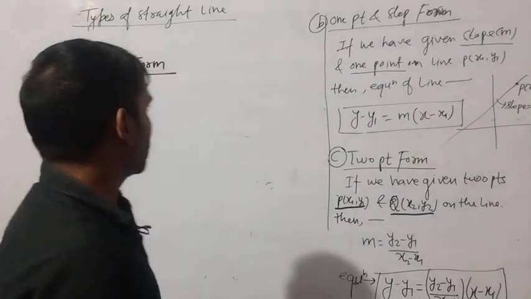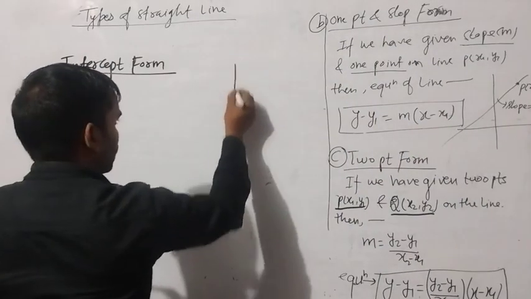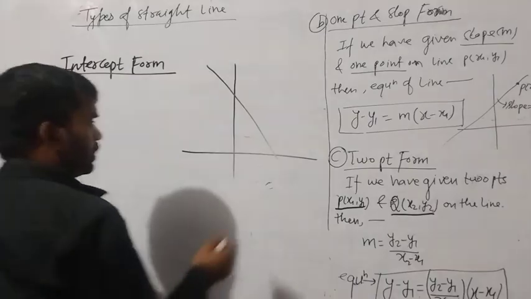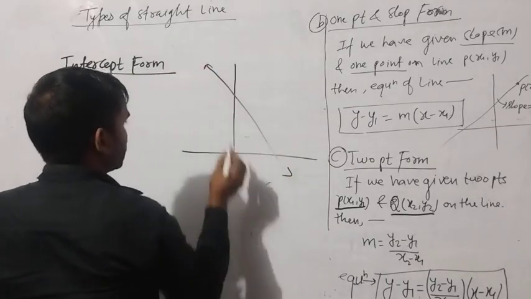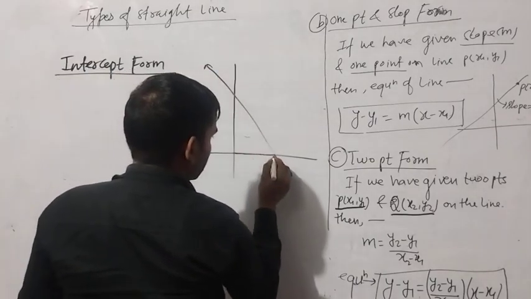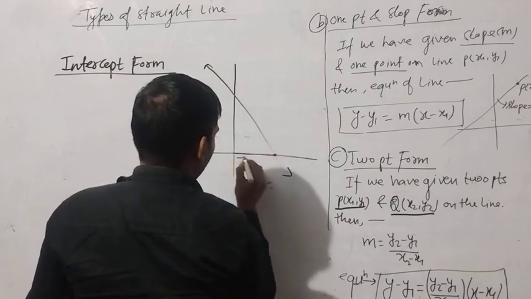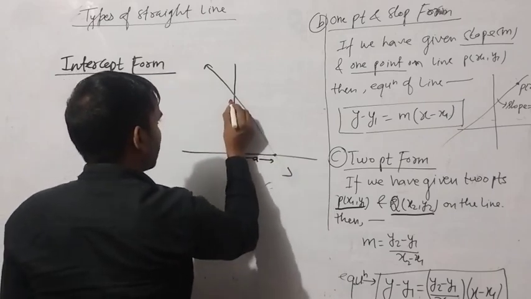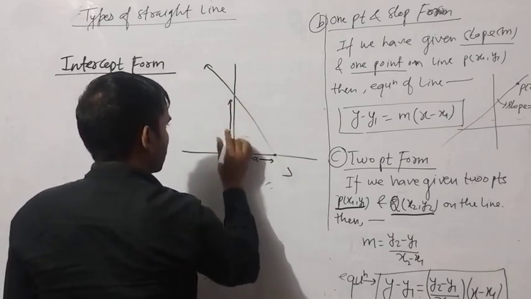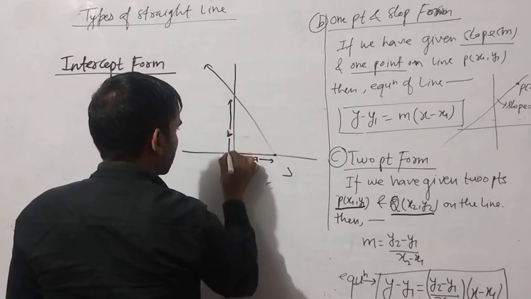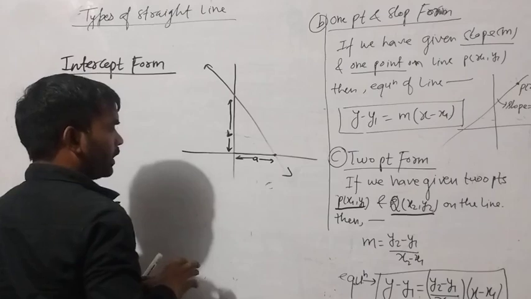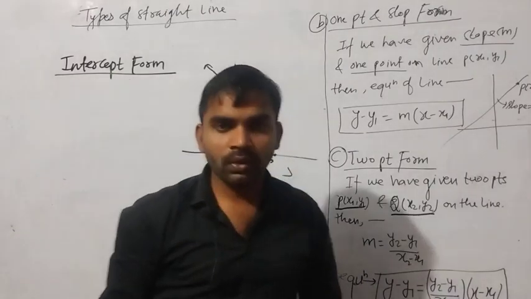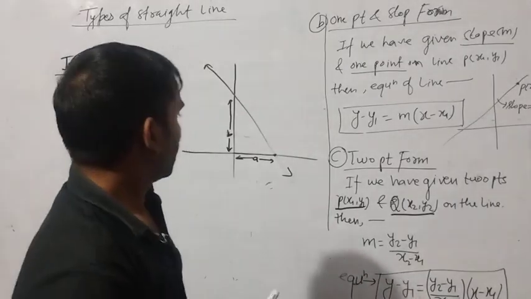That is, if you have a straight line like this, let's suppose the line is this, so it cuts the x-axis at a distance a and the y-axis at, let's suppose, b.